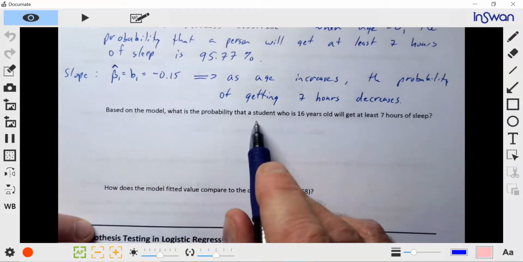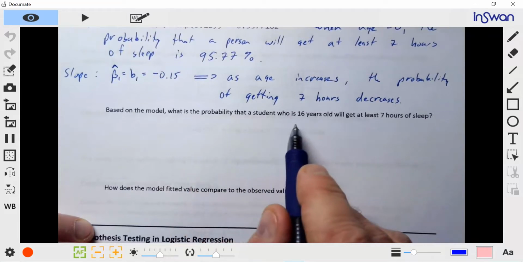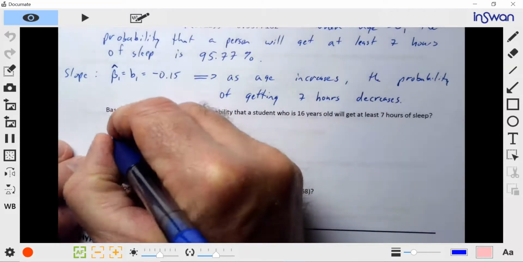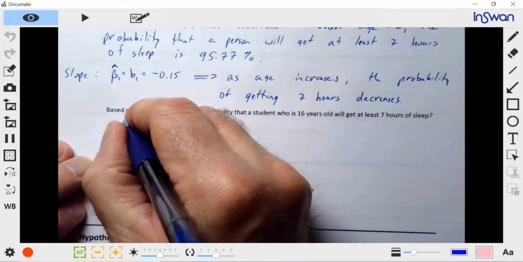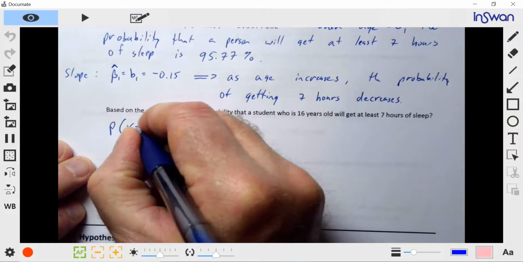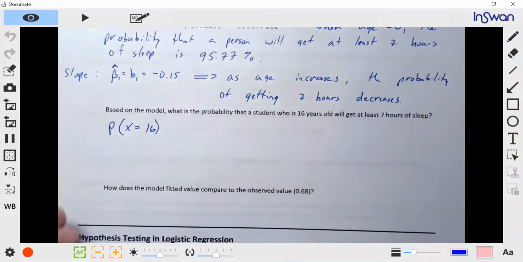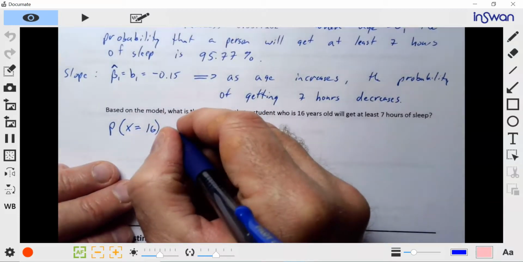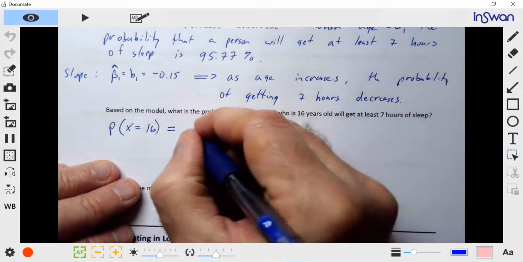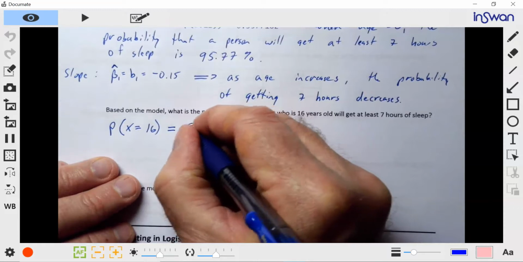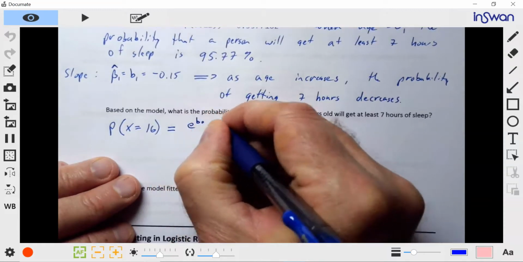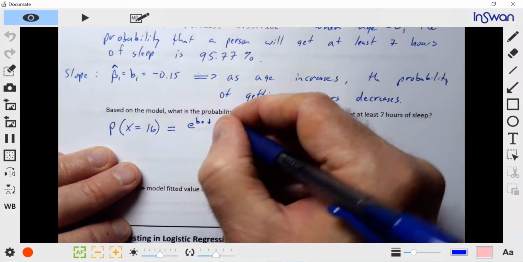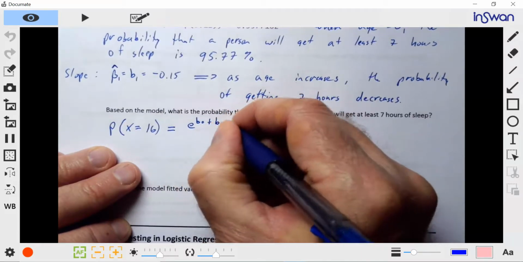So based on our model, what's the probability that a 16-year-old student will get at least 7 hours of sleep? So what's the probability of getting at least 7 hours of sleep given that x is equal to 16? Remember that the estimated probability is e to the b0 plus b1 times 16, over 1 plus e to the b0 plus b1 times 16.